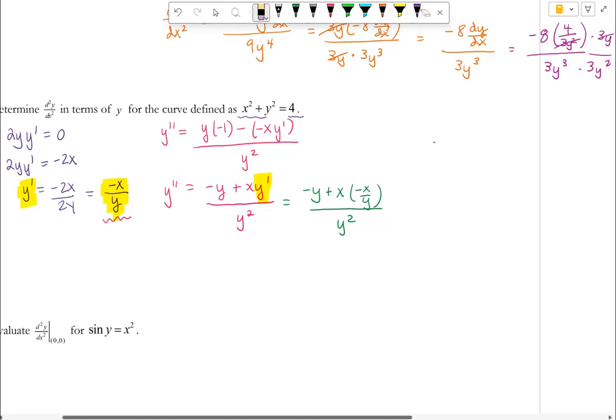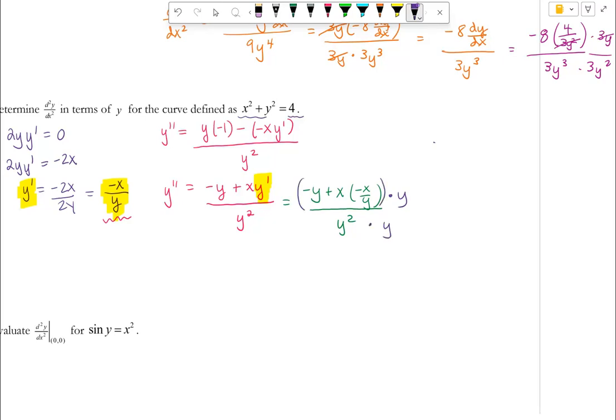So now we're going to have to distribute y on top to both terms of my numerator and multiply by a y on bottom. When we do that, we get negative y squared, because that's negative y times positive y, plus negative x squared, over y cubed.